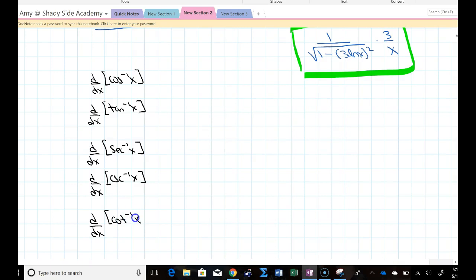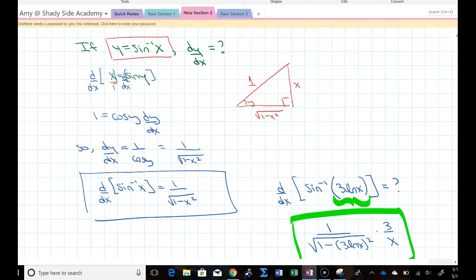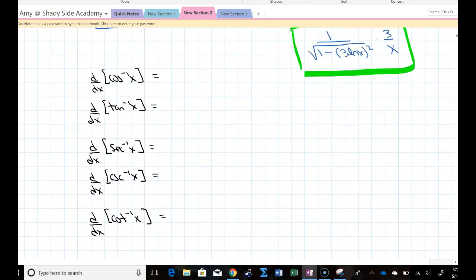The derivation for all of these inverse trig functions is identical in its method to that which I did above. So I'm just going to give you these derivative rules.